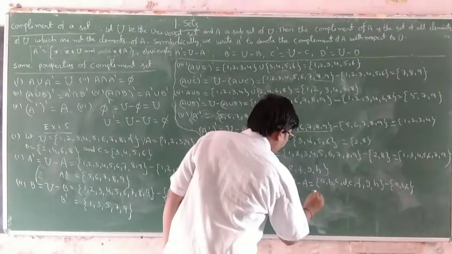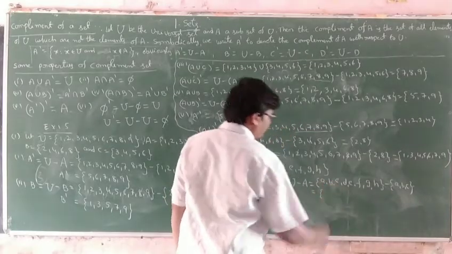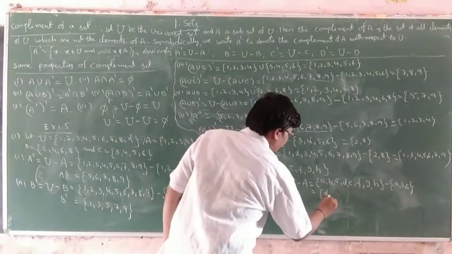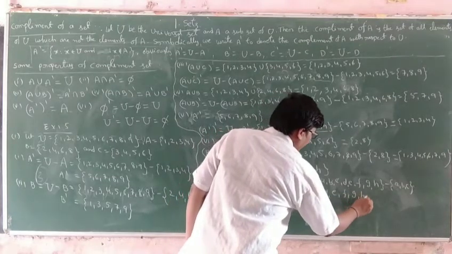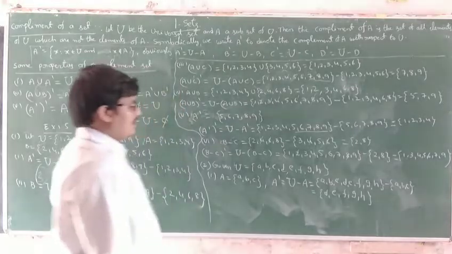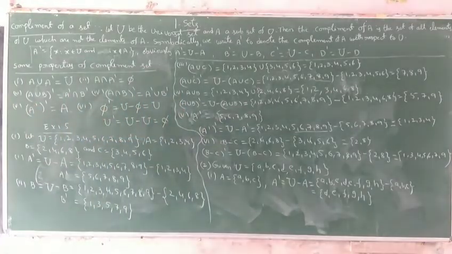So what is the remaining? ABC removed from the universal, and the remaining is D, E, F, G, H.